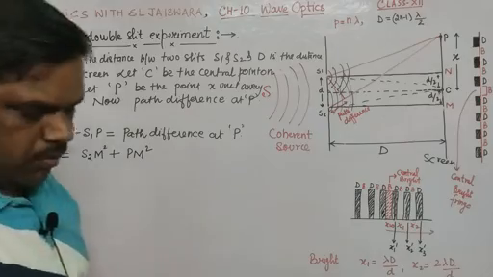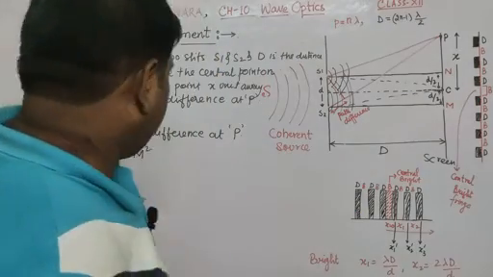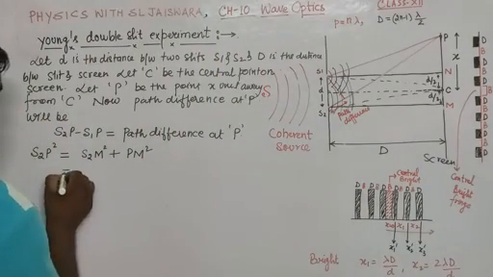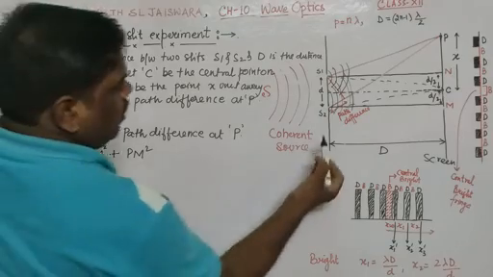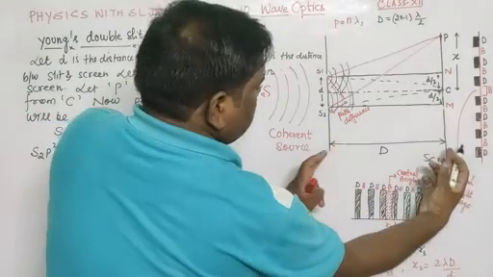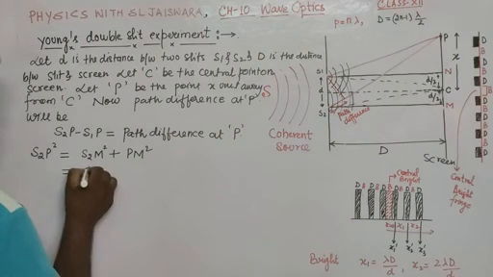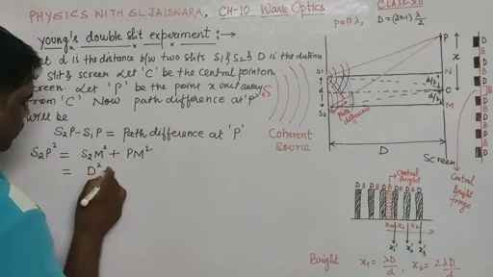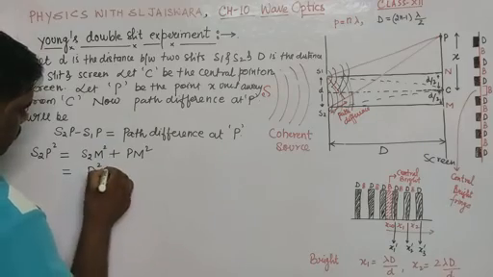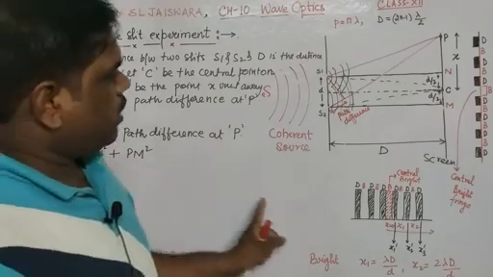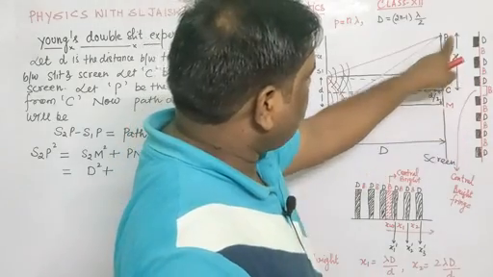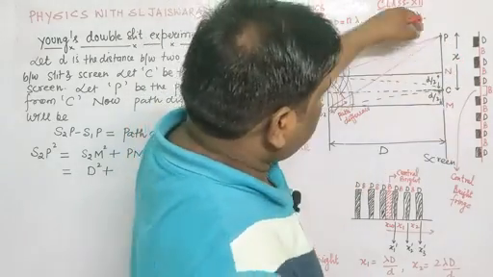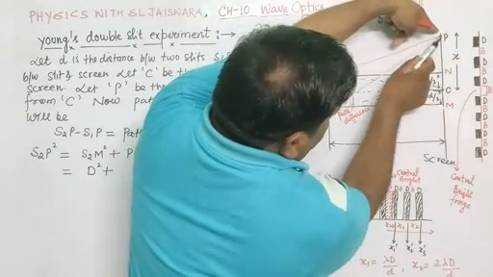I hope you all are able to understand. Very good. So further we can write S2M, this is what? Very good, capital D. So it becomes capital D square plus PM square.